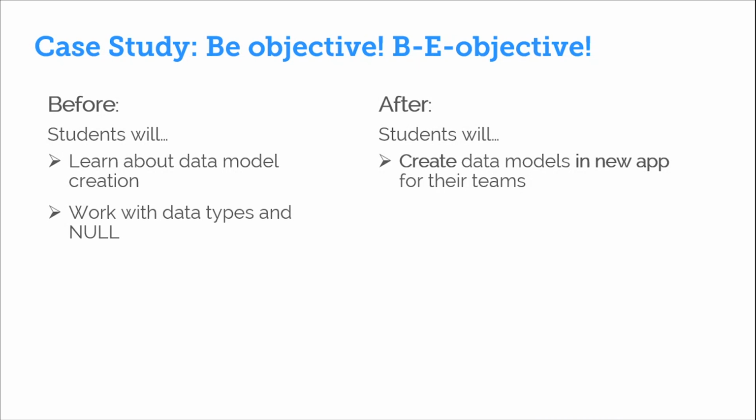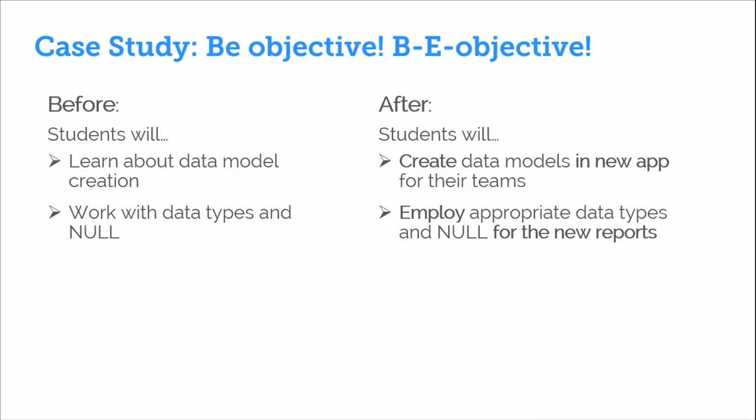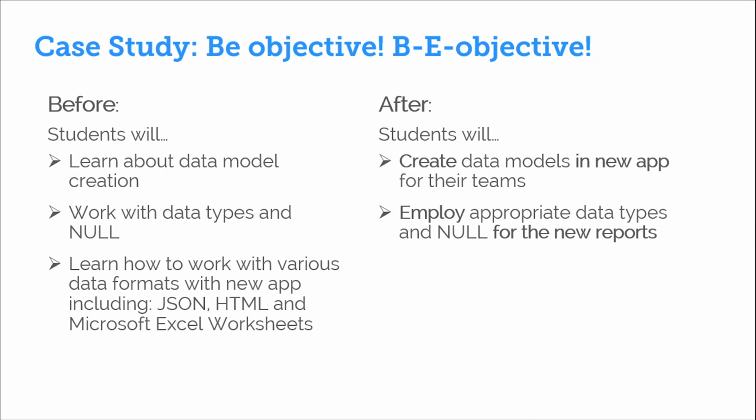Second, work with data types and null. Becomes: employ appropriate data types and null for new reports. Third, learn how to work with various data formats with the new app, including JSON, HTML, and Microsoft Excel worksheets.